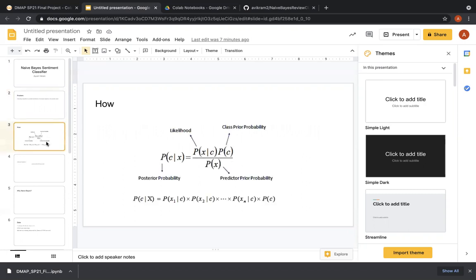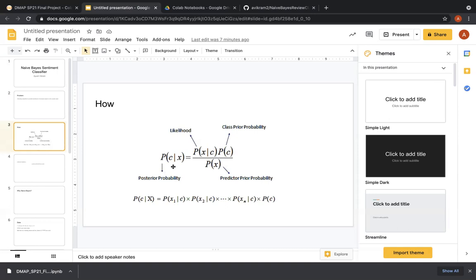So how are we going to do that? What method are we going to use to create such a classifier? The method, or algorithm, that I decided to use is known as the naive Bayes classification algorithm. The naive Bayes classification algorithm is related to Bayes' theorem for the calculation of conditional probabilities.